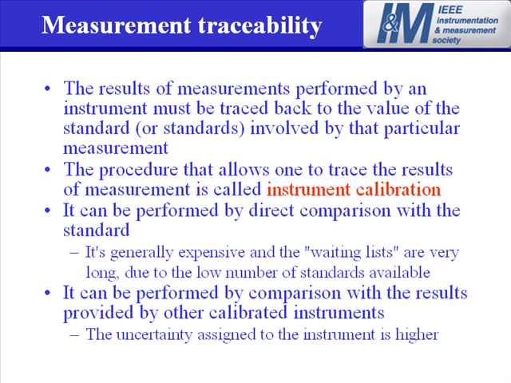In this case, the uncertainty value assigned to our measuring system is higher than in the other case, but the calibration is faster and usually much cheaper. From the technical point of view, since in the end the measurement result must be traced back to the standard, it requires an uninterrupted chain of comparisons, and the standard must be found at the end of the chain.